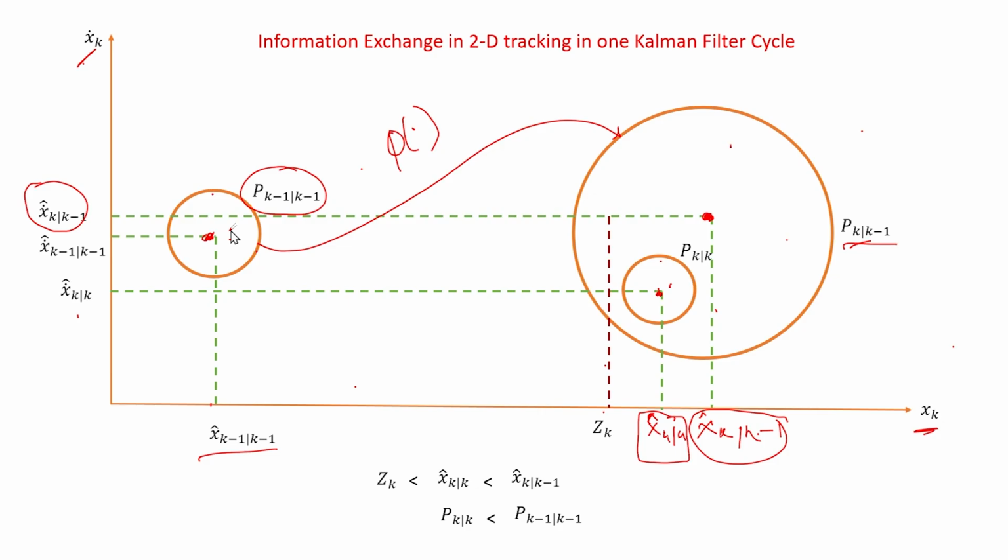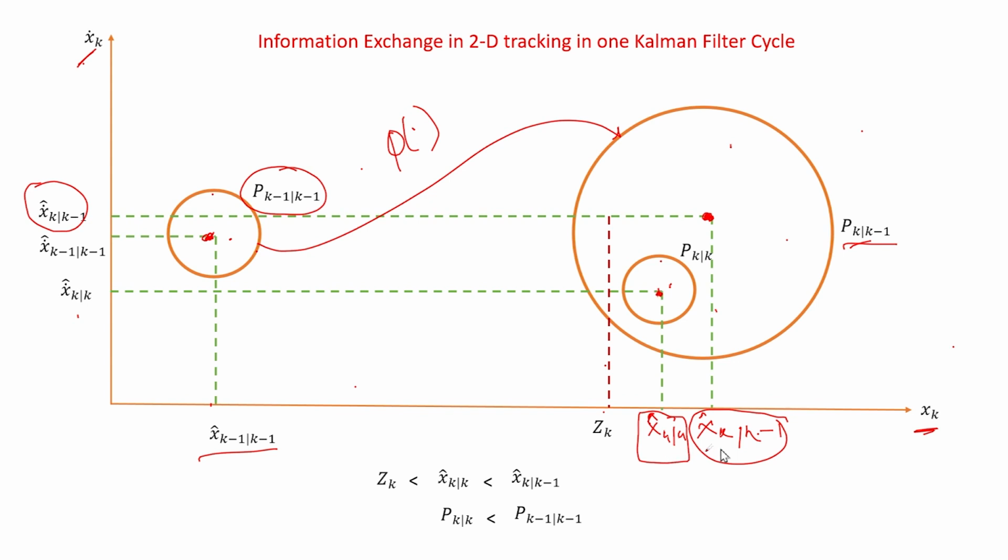So, as your cycle is propagating, your circle radius is reducing, which means your error is reducing. That is the purpose of filtering. As you propagate, your error variance is reducing.